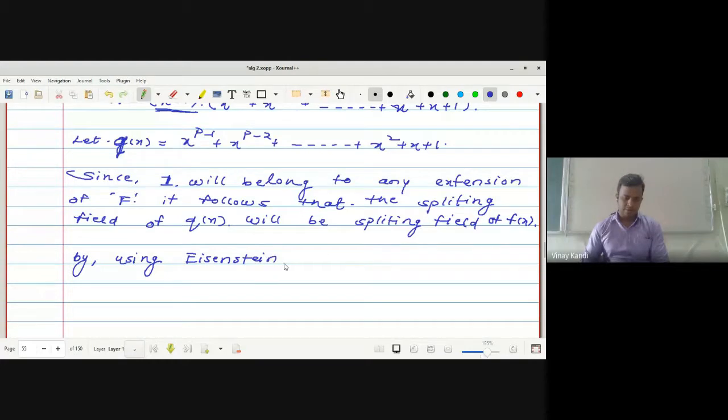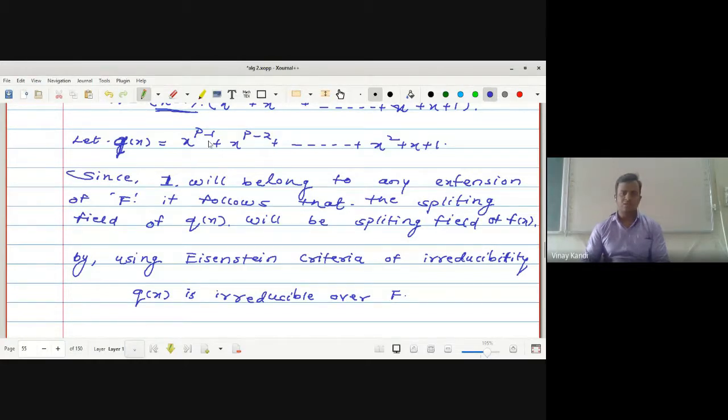What is the criterion? If g of x is irreducible over F, this polynomial x raised to P minus 1 plus x raised to P minus 2, and so on, x square plus x plus 1. This polynomial is irreducible over the field F.